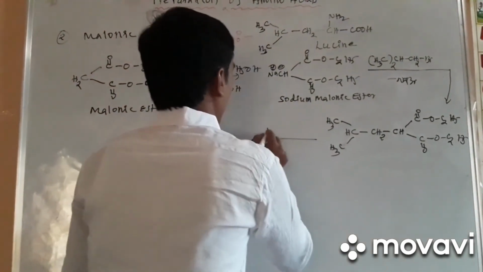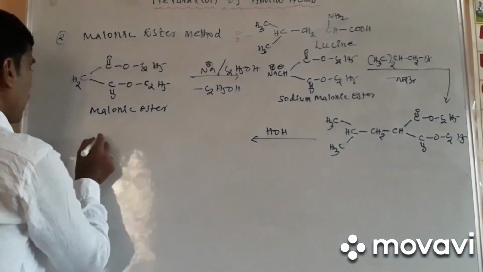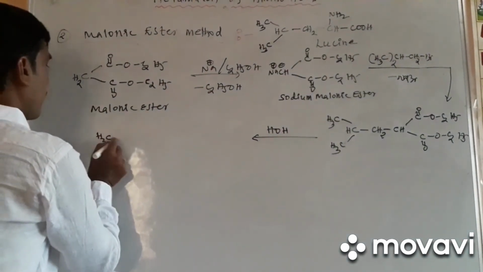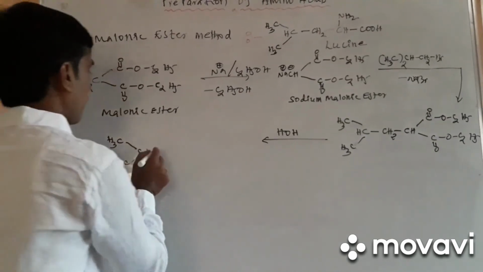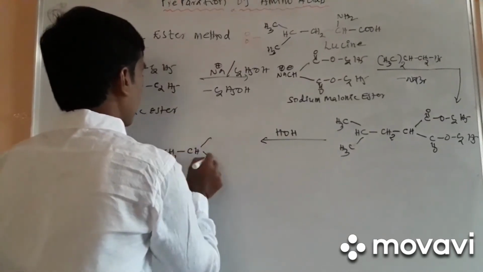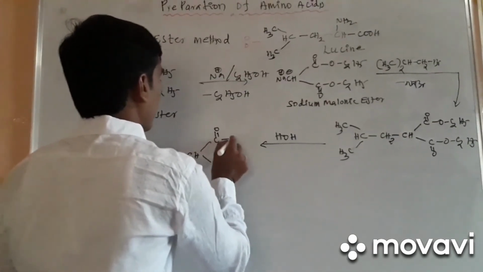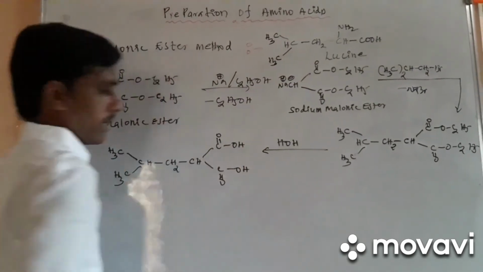Next, followed by hydrolysis to produce CH3, CH, CH3, CH2, CH, C double bond O OH, C double bond O OH.